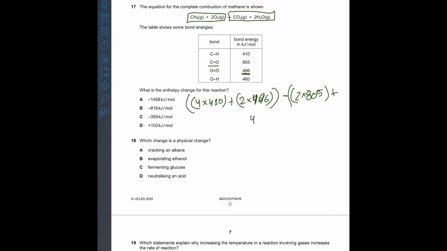We are adding this with that, so 4 times 406, and if we do the calculation we will get the answer as negative 818. And this is an exothermic reaction because we are burning methane, so it's B.